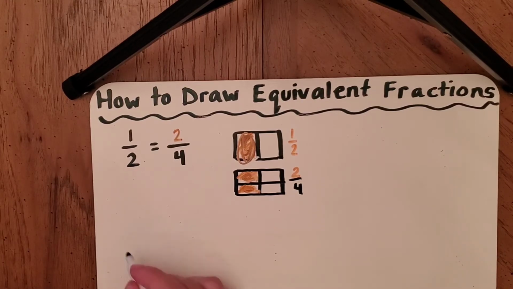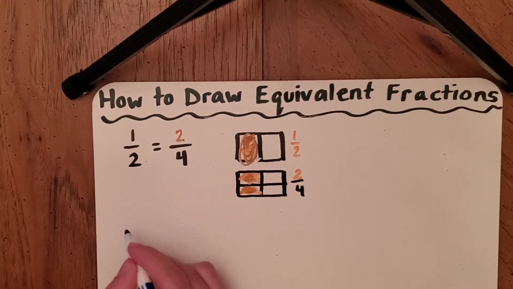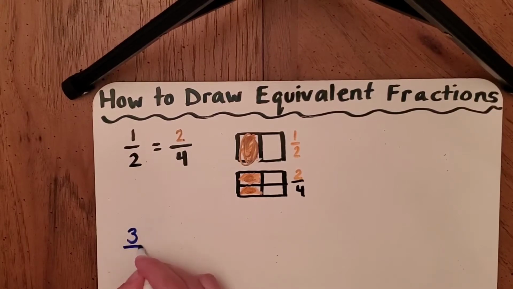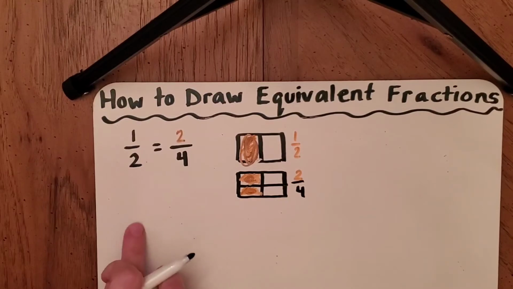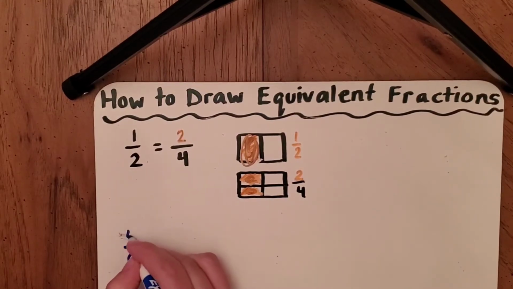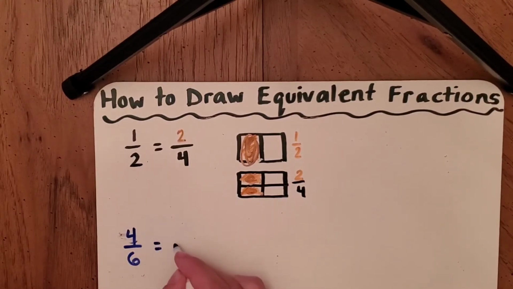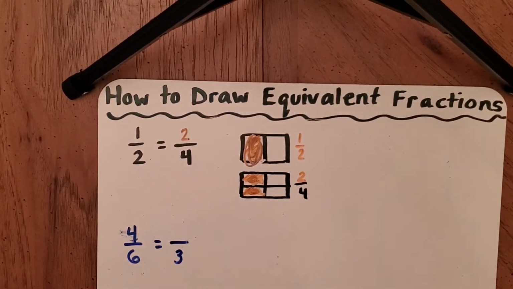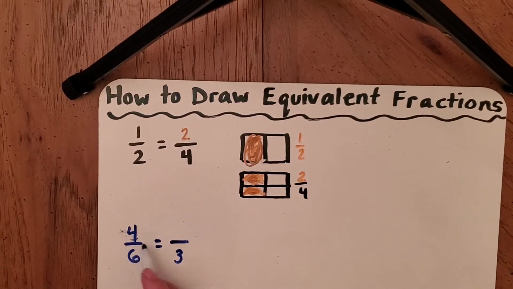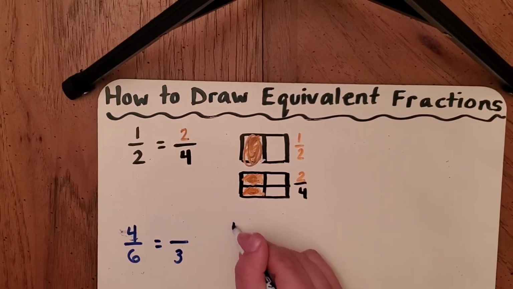If I have 3/6, and I want to know, actually I'm going to change that to 4/6, and I want to know how many thirds that would be equivalent to, I'm going to use very similar steps to what I did for the first one. I'm going to start off by drawing a model that shows 4/6.